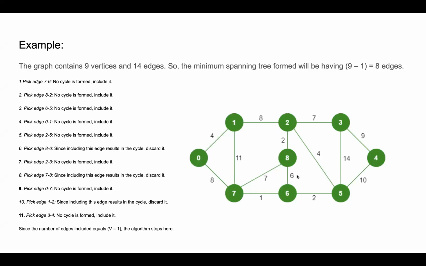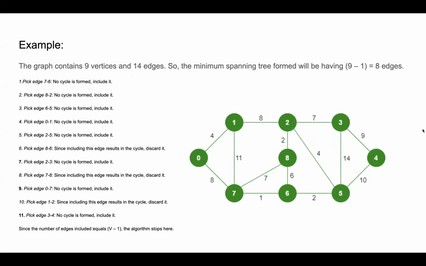See, it is our graph. It starts from 0: 0, 1, 2, 3, 4, 5, 6, 7 and 8, and all these vertices are connected to each other. Now the graph contains 9 vertices and 14 edges.